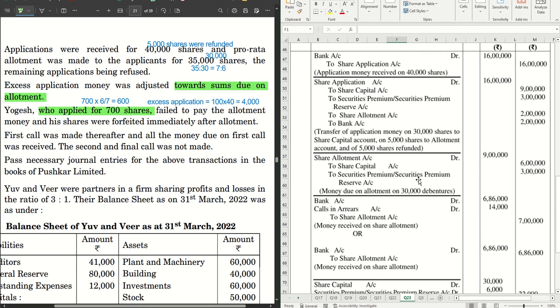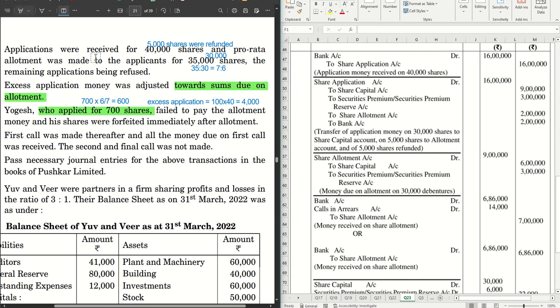Coming to the receiving entry, now on these 30,000 shares, let's see how much we have received. And it's clearly mentioned Yogesh, who applied for 700 shares, that means who was allotted 600 shares, did not pay the allotment money. So on his 600 shares, we have already received 4,000 from him as an excess that will be adjusted towards allotment.